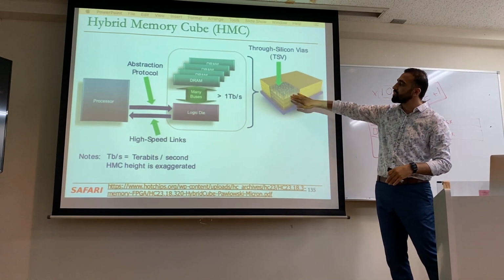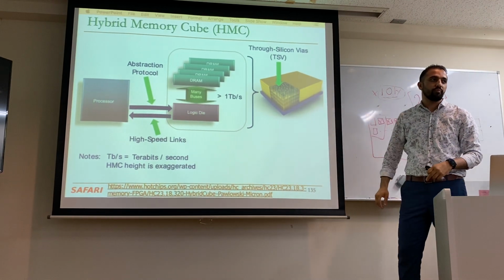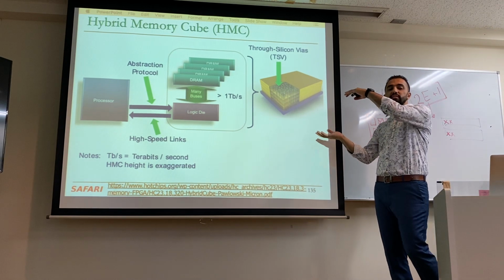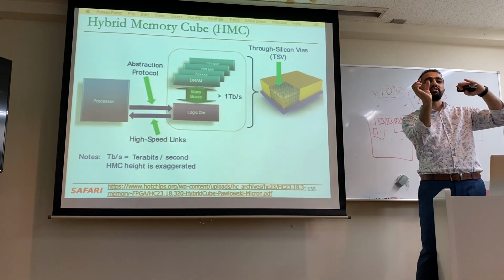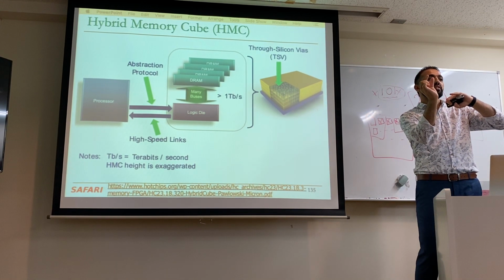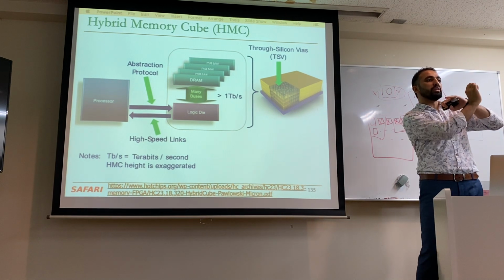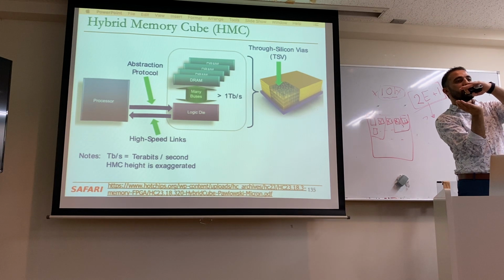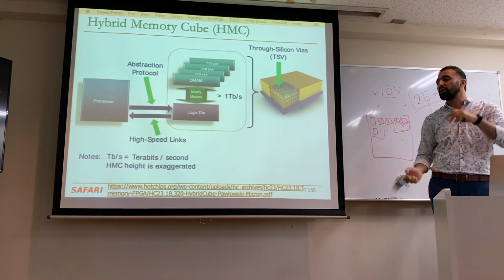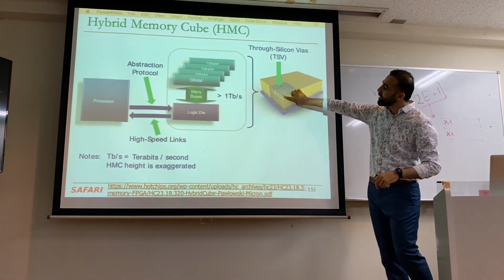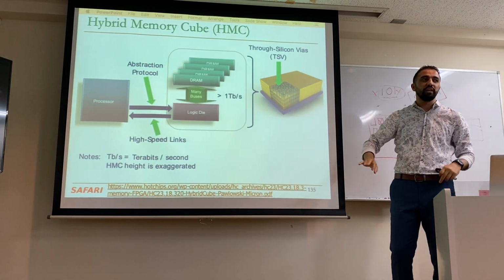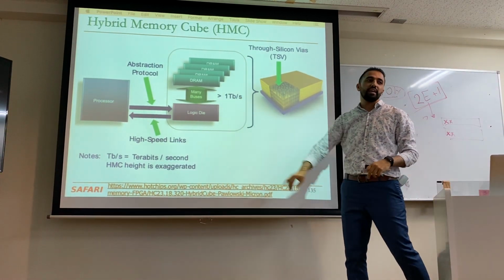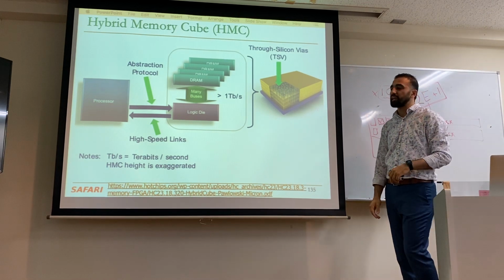So each layer of this cube is a DRAM. And all of this is integrated in a single chip, so it's a single piece, such that we avoid data movement between different DRAMs. So if all of them are on the same die, same chip, then we don't need to move the data from one piece to another. And they are connected together by very high speed links, such that they can achieve more than terabits per second.